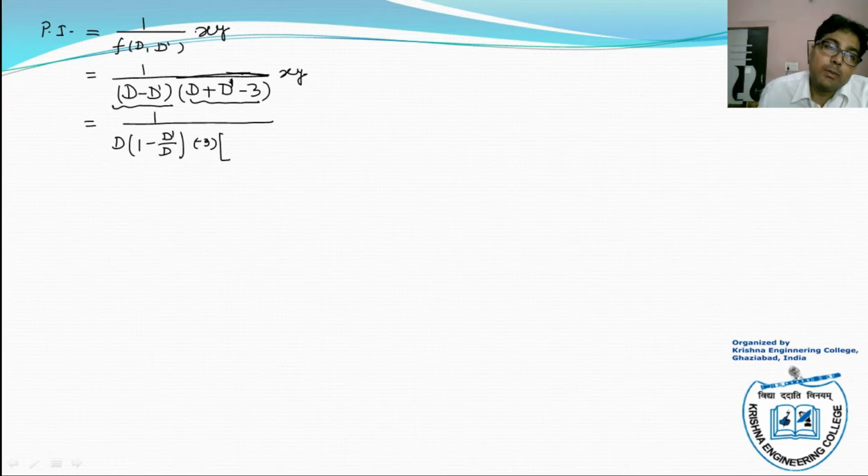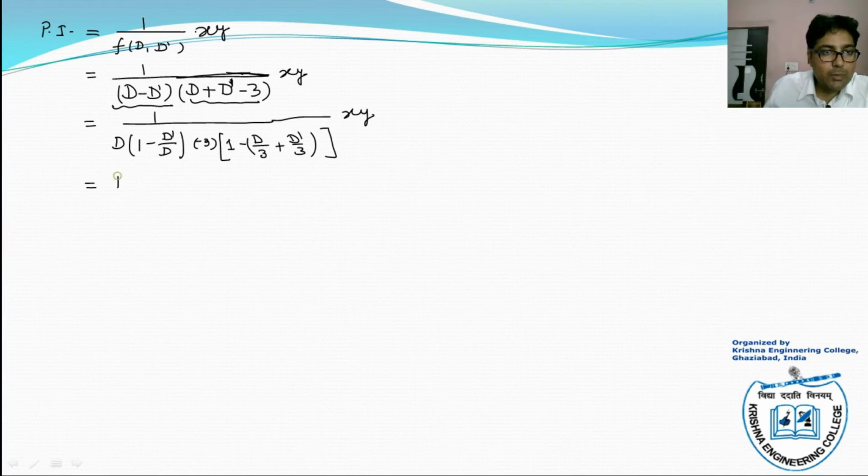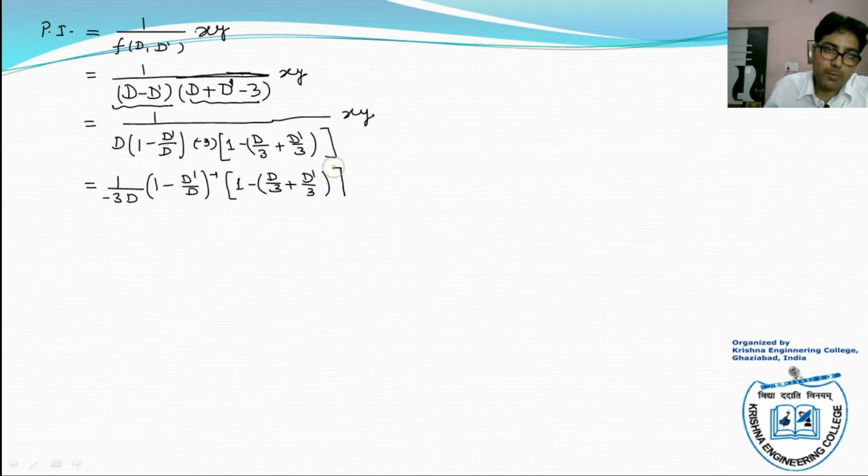Here minus 3 is the lowest degree term in this factor, so take minus 3 common. Clear? So this becomes 1 minus D by 3 plus D' by 3 into xy. So this becomes 1 upon minus 3D into [1 minus D' upon D] to the power minus 1 into [1 minus D upon 3 plus D' upon 3] to the power minus 1 xy.